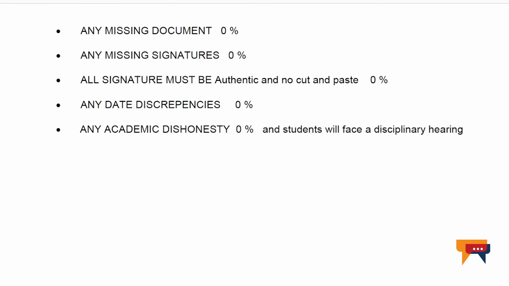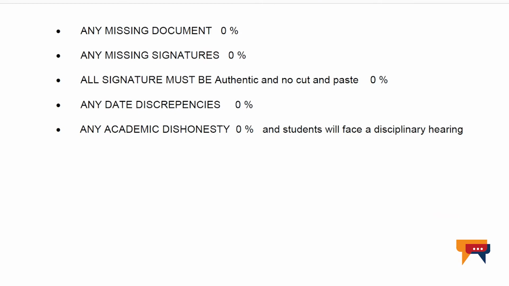Now, for assignment 2, if you have any missing document, it is a 0. If you have any missing signatures, it is a 0. All signatures must be authentic and not cut and paste. If we find any cut and paste signature, it's an immediate 0. Any date discrepancies, it's a 0.